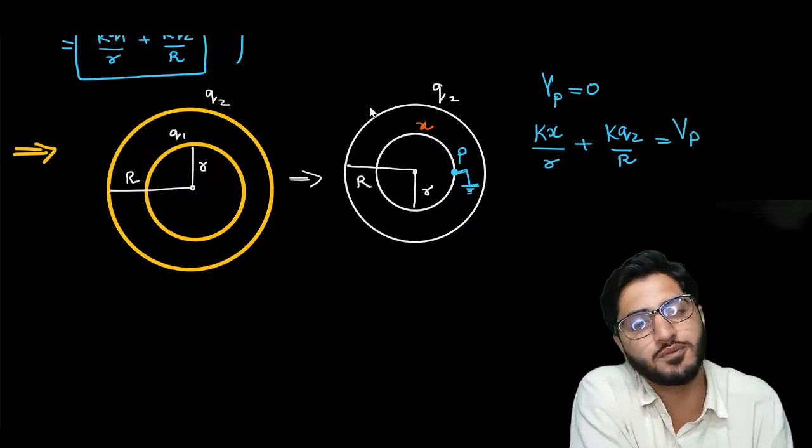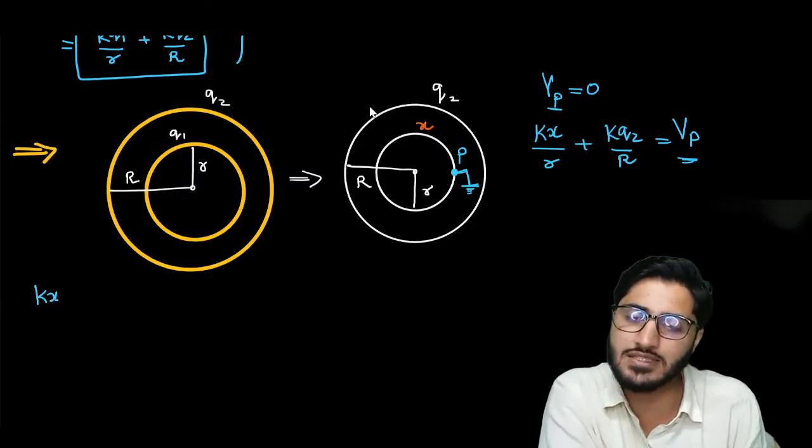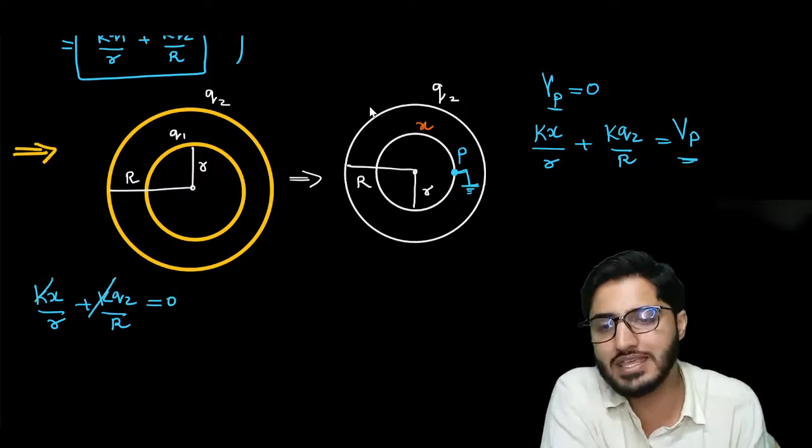From the concept, we can merge these two things. Can I write Kx by r plus KQ2 by R is equal to 0? K cancels out.